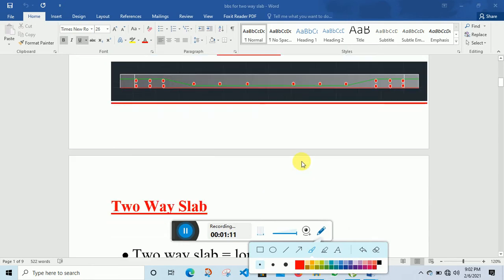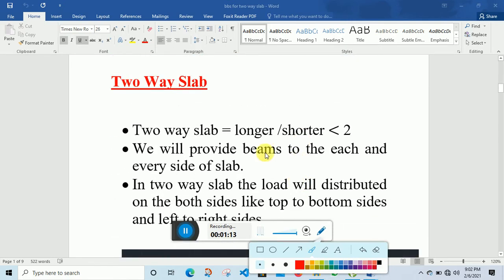Okay, so now look here, the two-way slab. Basically we should know what a two-way slab is. A two-way slab is the longer span divided by the shorter span. The value that we get from this equation must be less than 2. So if I get 1, this will be a two-way slab.